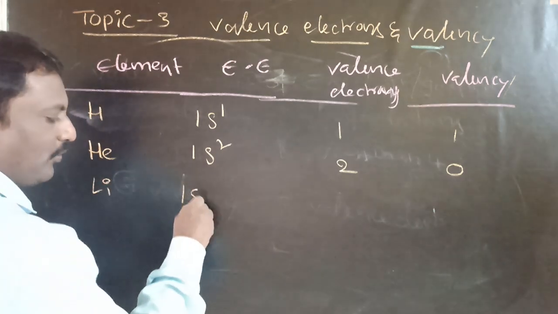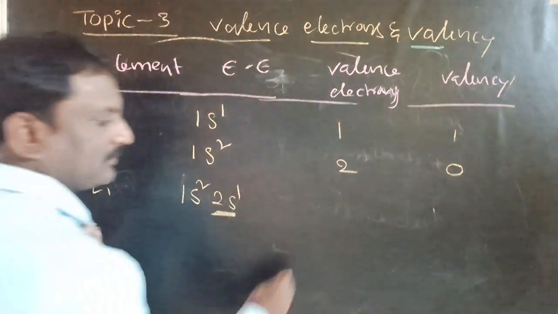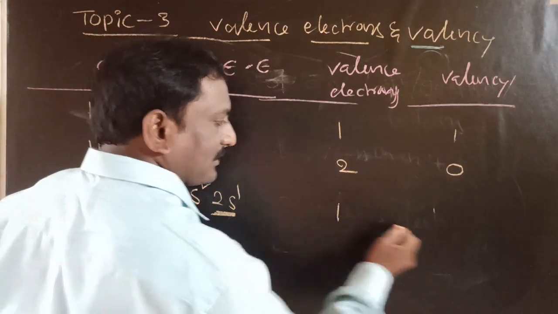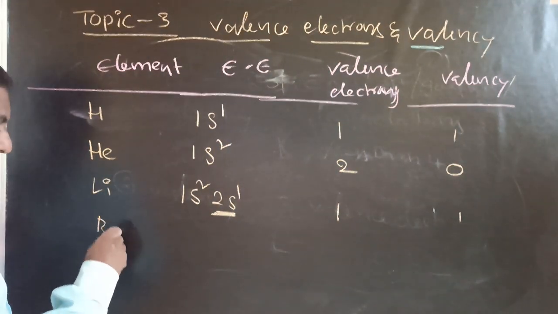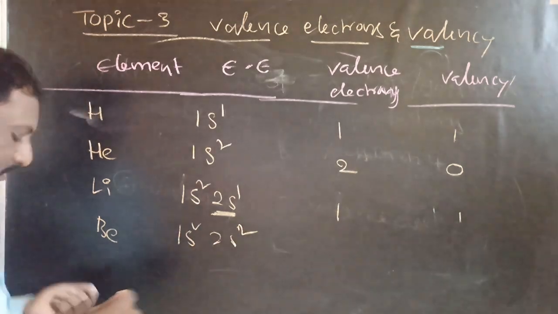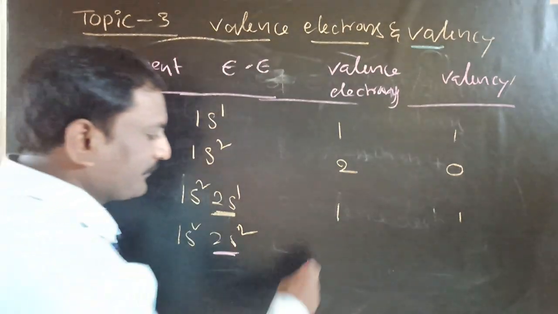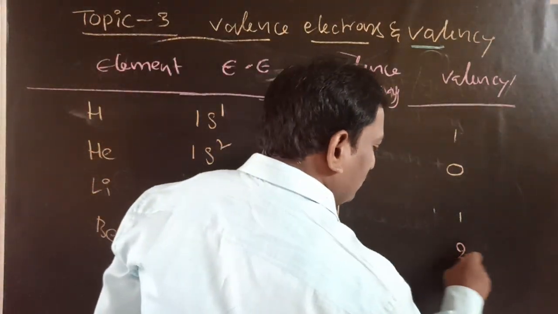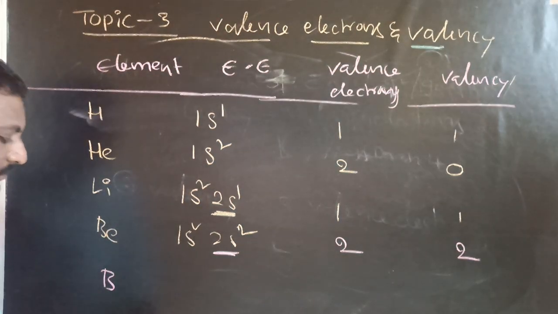Next one, lithium. 1s2, 2s1, the second shell will be the valence shell. So 1 valence electron, valence also 1. Beryllium: 1s2, 2s2, the second shell will be the valence shell, 2 valence electrons are there, so valency is also 2. Next one, boron.